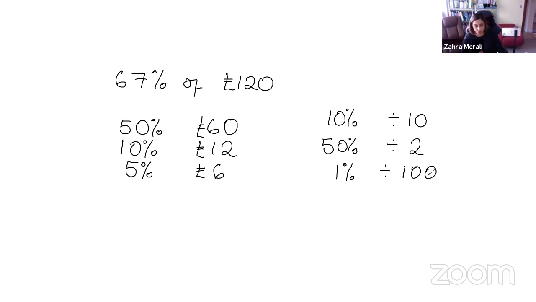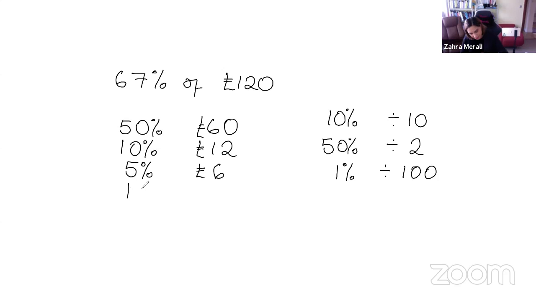So what we could do is either divide it by 100, so get 1.2 and double it, or we can say, how do we go from 10 to 2? We divide by 5. So we could do 12 divided by 5, which would give us £2.40. So there's 2 different ways to do this.